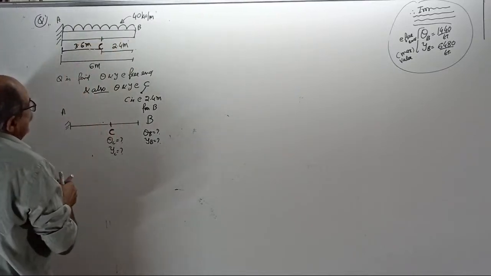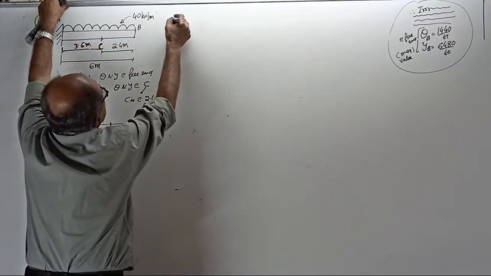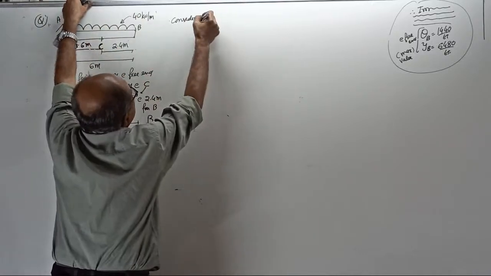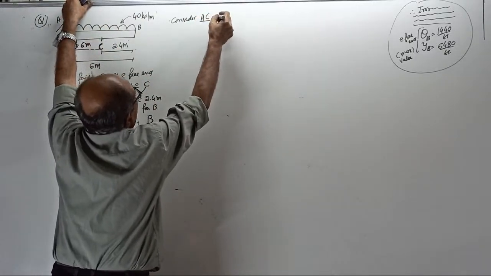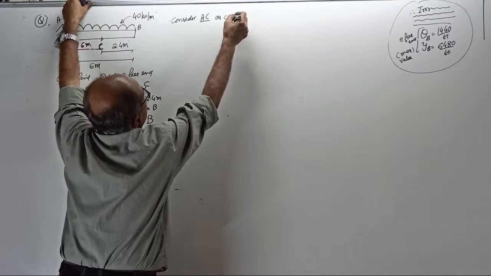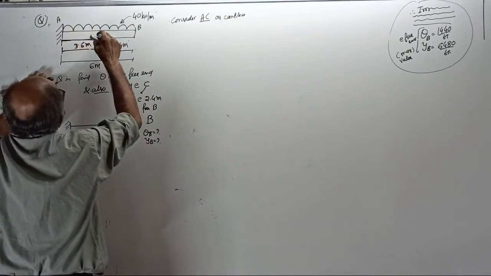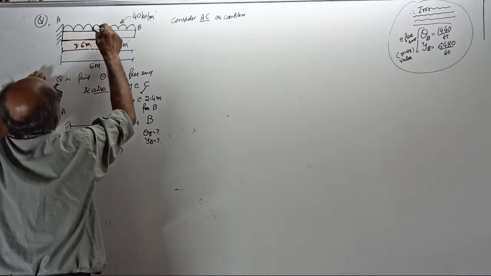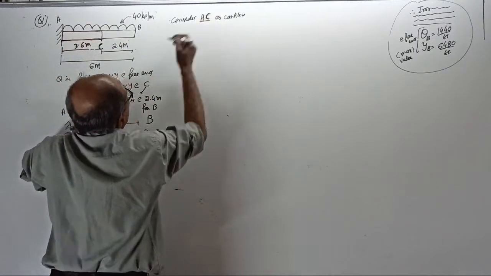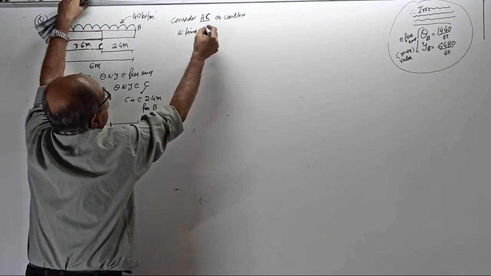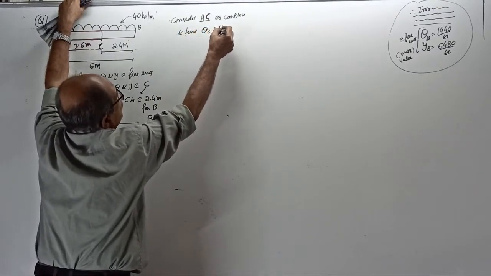Okay, start. Now, first consider what? Consider only AC as a cantilever. See, the red color, whatever is there, consider only the red color as a cantilever. A to C. Okay. And find what? Theta C and y C.